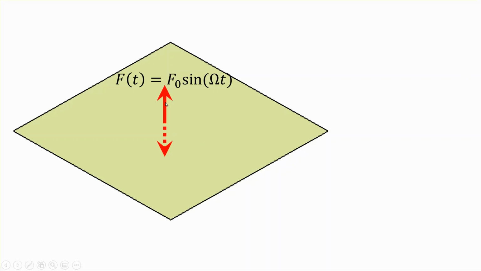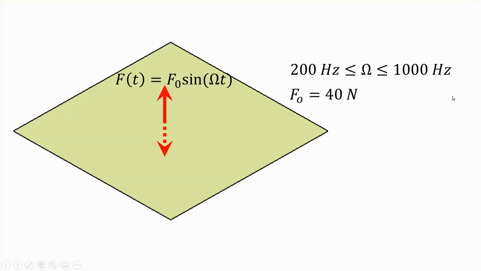So we are assuming that the concentrated force applied to the middle node, the center location, is given by this forcing function, but this F naught is independent of the frequency. And I'm going to be investigating the magnitude of the displacement of the center node, for example, in that frequency range.